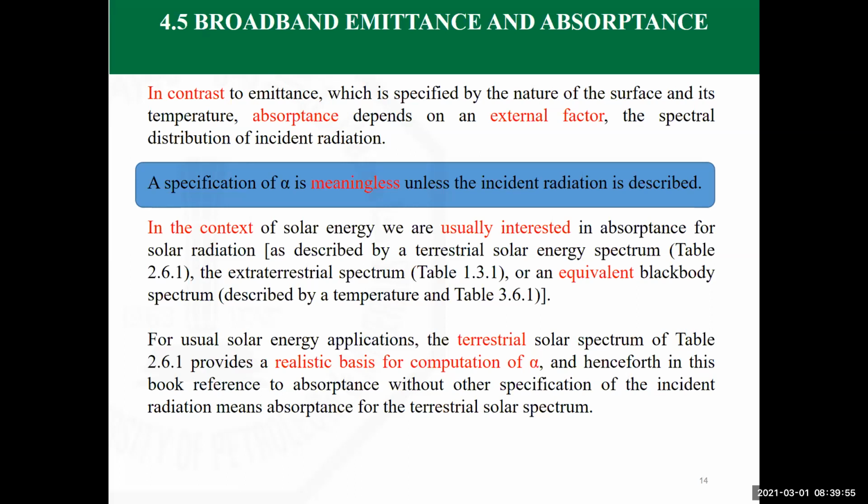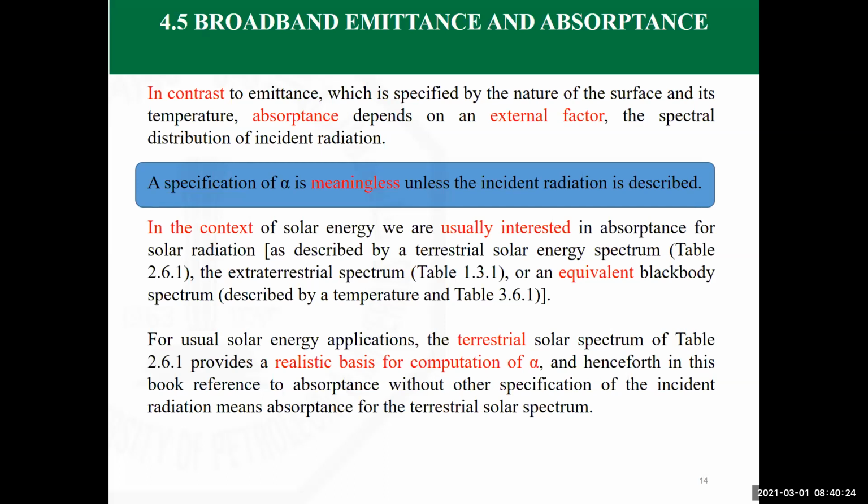So to determine the value of alpha, we need information about the other surfaces, which is not the case for the emissivity, or the emittance, and the reflectivity. Because we are absorbing energy falling onto the surface, we need more information about the main characteristics of the sources that are emitting the energy.